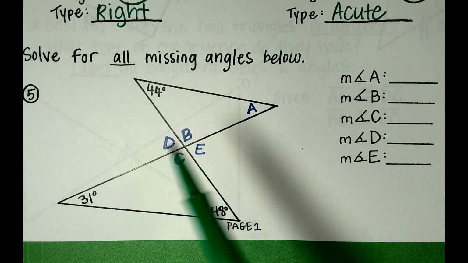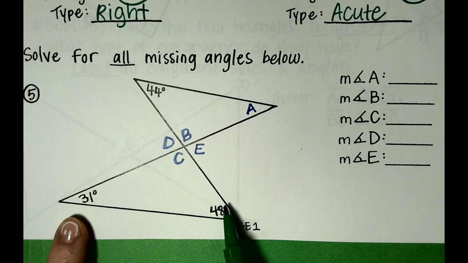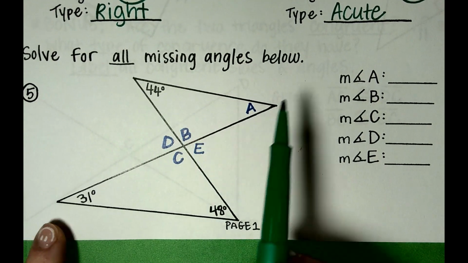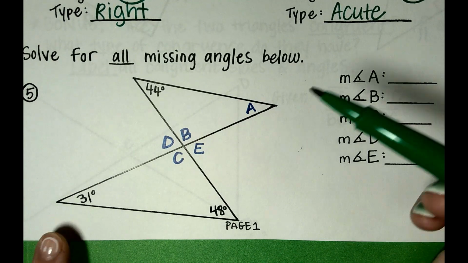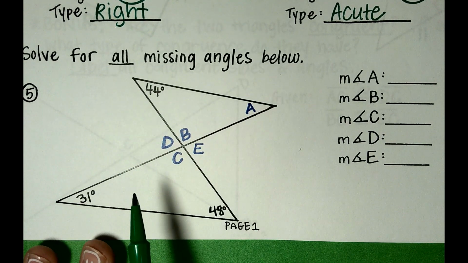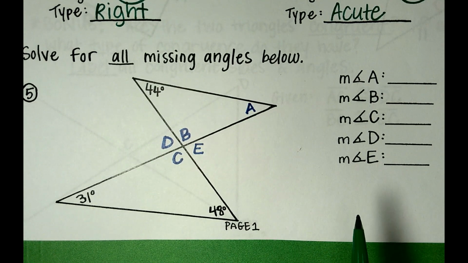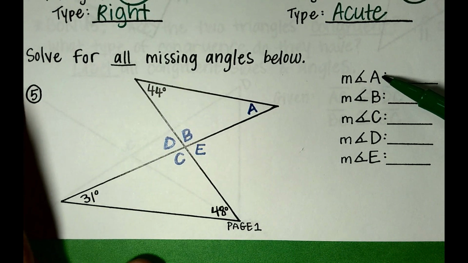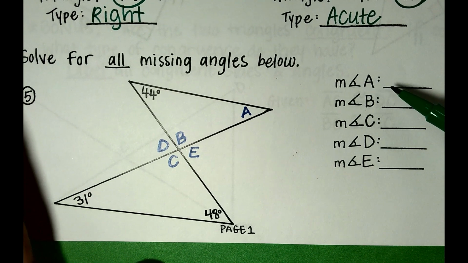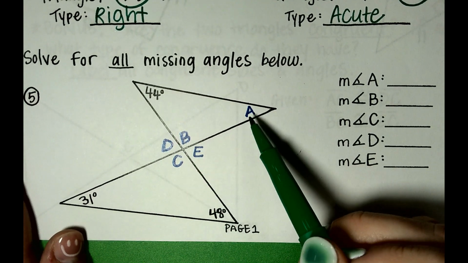We know, based on the first 4 questions we did, that to be a triangle, the 3 angles add up to 180 degrees. So we're going to have to look at this picture and decide, what can I solve for first? If I'm looking at angle A, I'm right here. I don't have enough information to solve for A yet, do I?